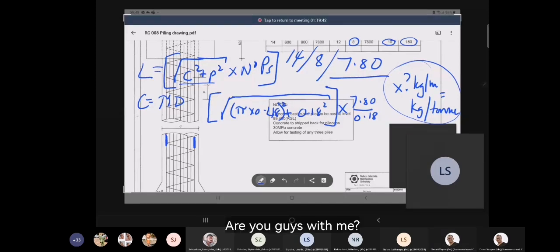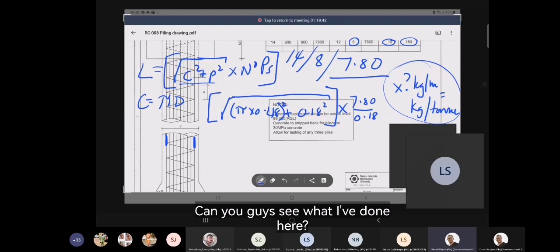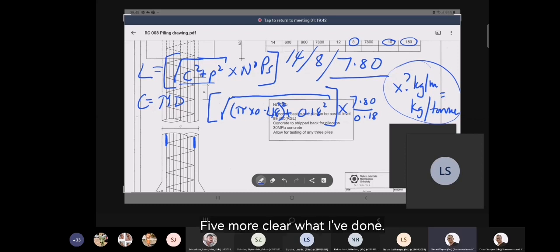Are you guys with me? Can you guys see what I've done here? Everybody clear on what I've done? Right? All clear what I've done.